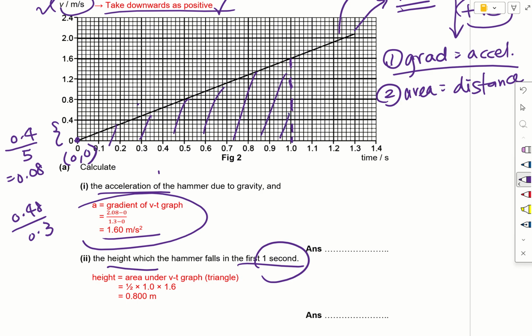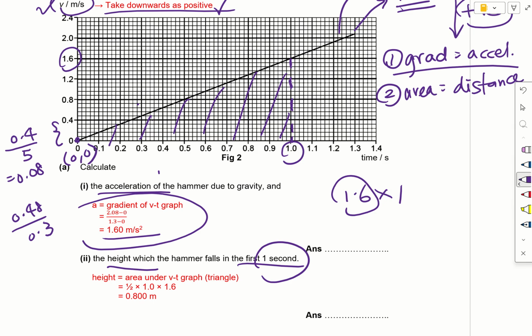So again, you cannot go to 1 second and then say that the velocity is 1.6. Therefore, it has a constant velocity of 1.6, so it is 1.6 times 1. Take note, within this 1 second, it did not reach 1.6 until at 1 second. Before that, it was all lesser than 1.6.